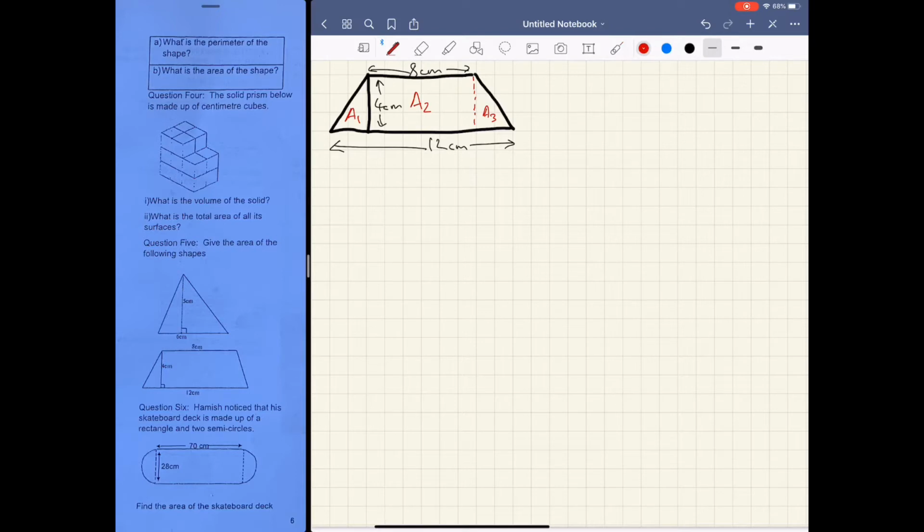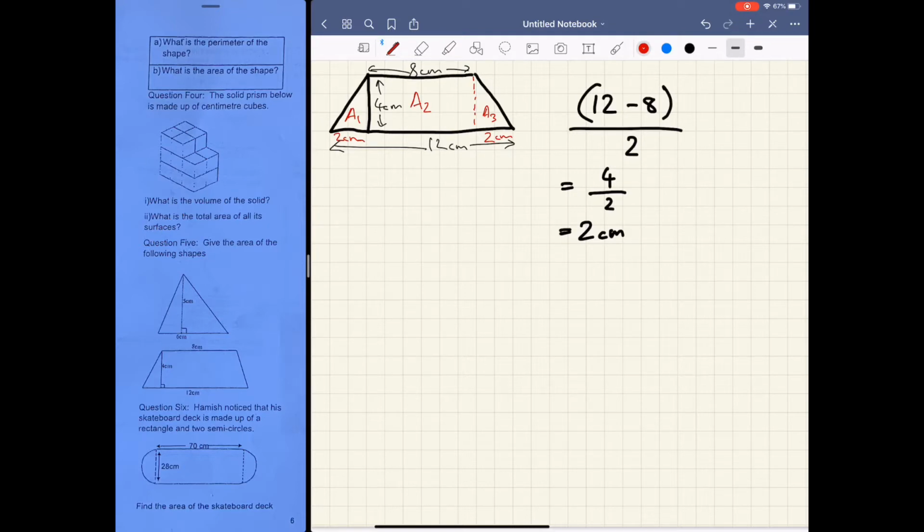We can go 12 subtracted by 8, divided by 2, because we've got 2 areas. So 12 subtracted by 8 is 4, divided by 2, which equals 2 centimeters. And we've got 2 centimeters here, 2 centimeters there.